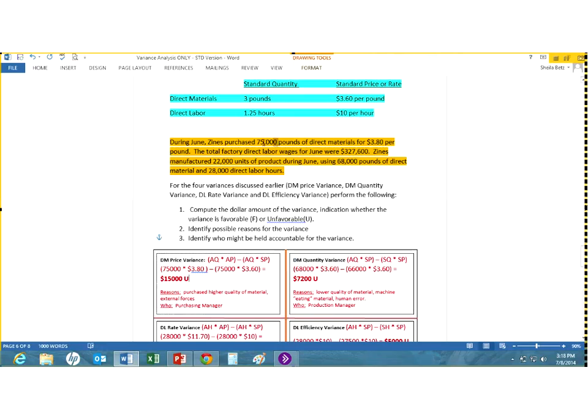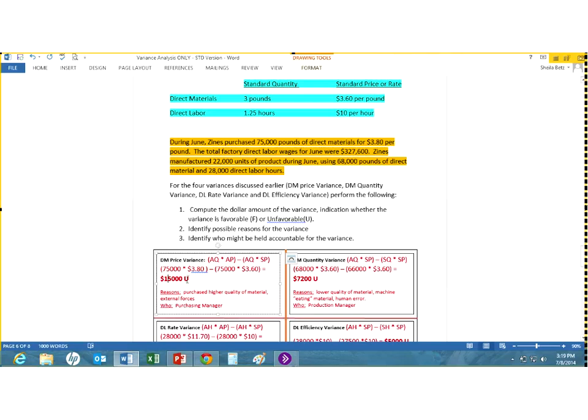So we're going to look in the yellow area, that they purchased 75,000 pounds of material. The AP is the actual price. So again, we're looking at the yellow paragraph because we're looking for actual data, is $3.80. Then we're going to take the second part of the equation, AQ, so still the 75,000 pounds, times the standard price. So times SP, we're looking up here in the blue area, the standard price of $3.60. And if I do the math, this comes out to $15,000.